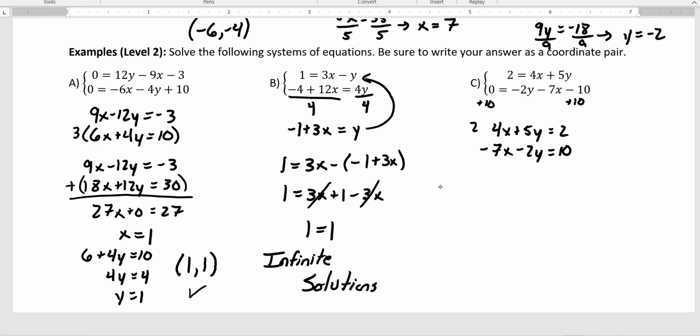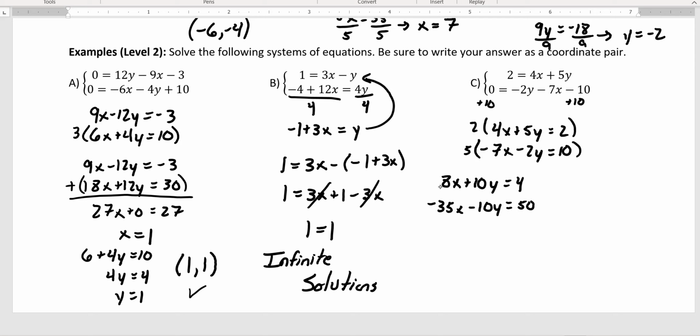So I can multiply this top equation by 2, I can multiply the bottom one by 5 and eliminate my y's here. When I do that, I would get 8x plus 10y equals 4, and negative 35x minus 10y equals 50.